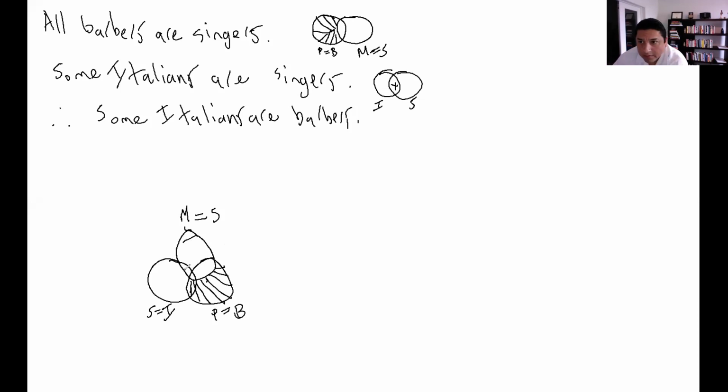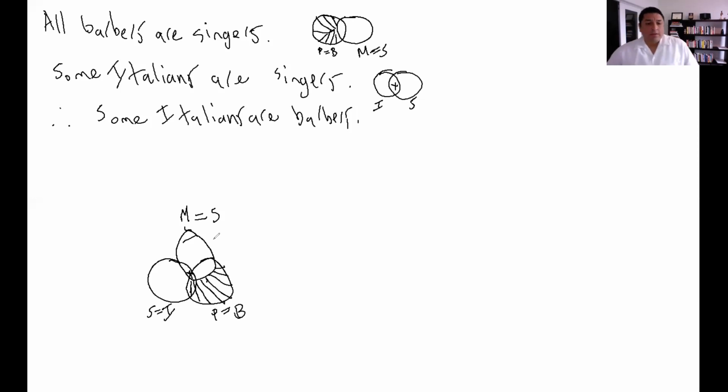So what you do in a situation where you're not necessitated to put the X in any one of two sectors where it may be, is you write it over the boundary, the border, and this signifies that it can either be in this sector. And this sector here is where you have an overlap between singers and Italians. In this other sector, right, it's the overlap that includes singers, Italians, and barbers.